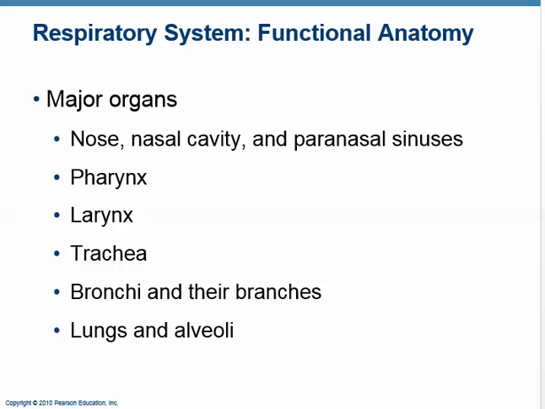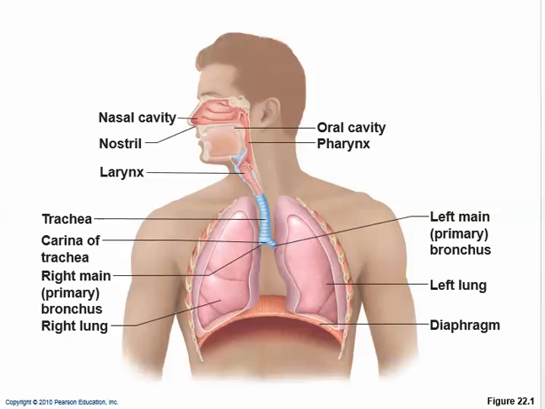And then down in the lungs, in the alveoli, is where the external respiration actually takes place, where the gas exchange happens. This is an overall view of it. All of this takes place above the diaphragm, and the diaphragm is also an organ of the respiratory system. It's skeletal muscle, and it's used for ventilation.